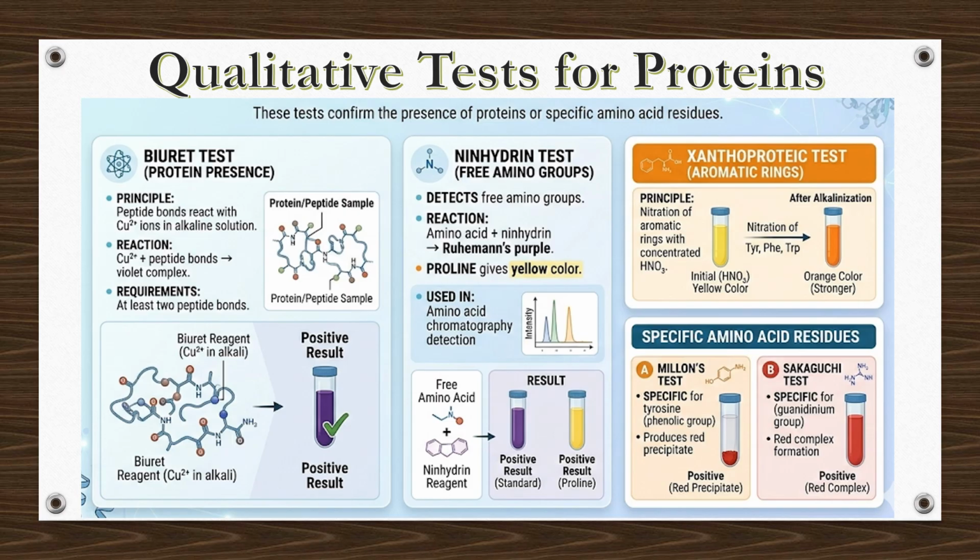In strong base, copper ions bind peptide bonds to give a violet color. Positive means two or more peptide bonds are present. Free amino acids usually don't give a strong purple. More peptide bonds and higher protein concentration deepen the color.